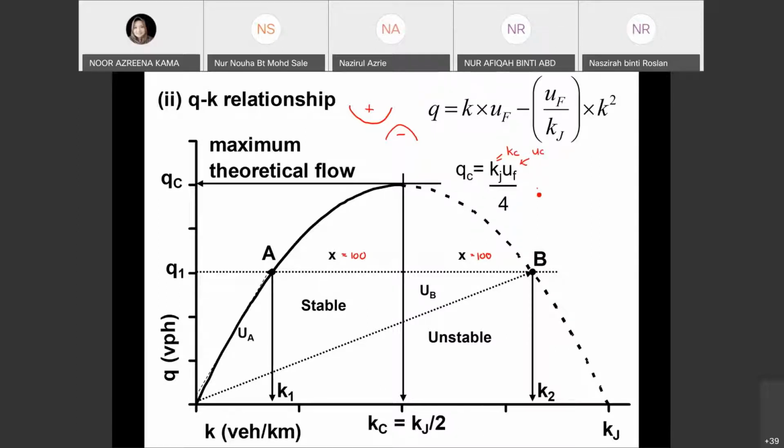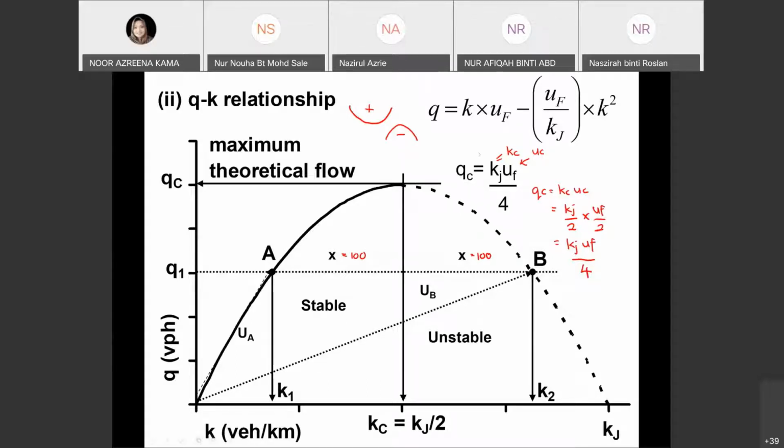Okay, so QC, when the Q at their capacity, the K must be at capacity, U must be at capacity. So KC equal to KJ over 2, while UC equal to UF over 2. Sebab tu dia dapat formula KJ UF over 4. Itu macam mana nak dapat QC ni lah.